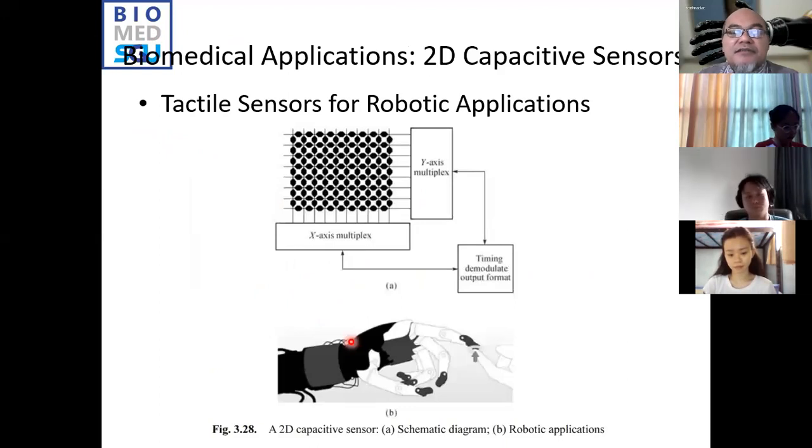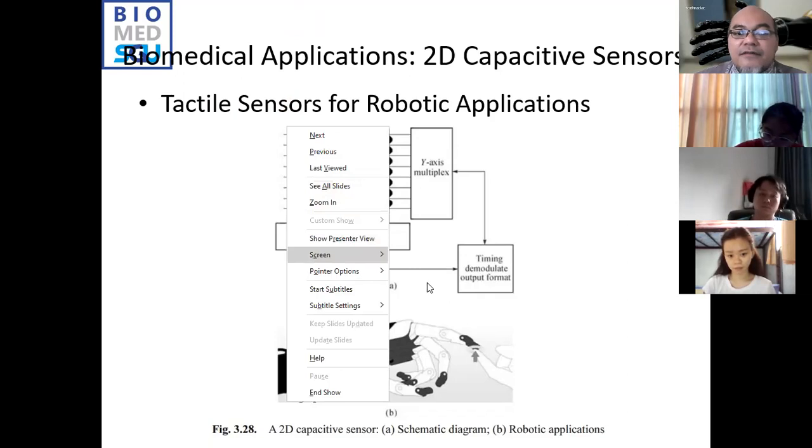Another application is for tactile sensor. Tactile sensors are sensors that are used to measure touch. So basically, in terms of biomechanics, we know there are two types of sense, tactile and haptic.